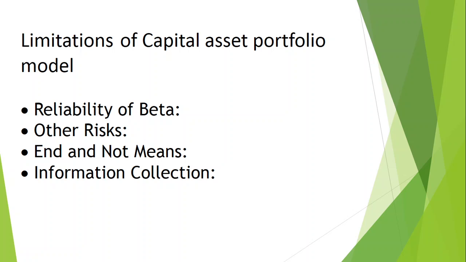We have another limitation of CAPM model, that is other risks. By concentrating only on systematic risk, other aspects of risk are excluded. These unsystematic elements will be of relevance to those shareholders who do not hold a well diversified portfolio.